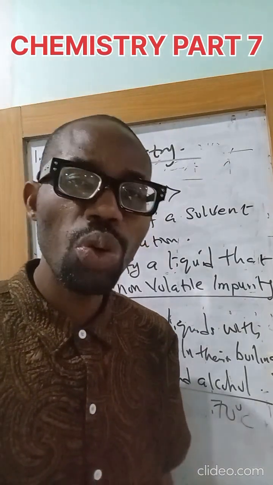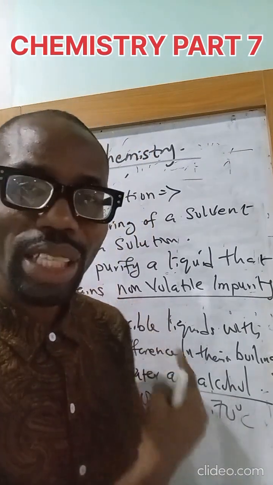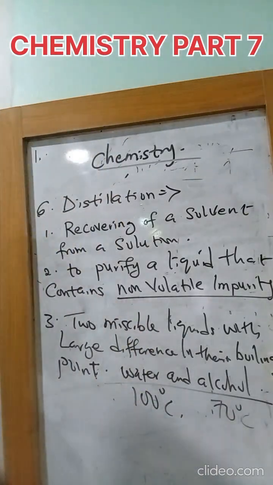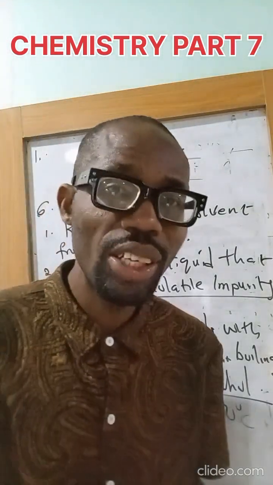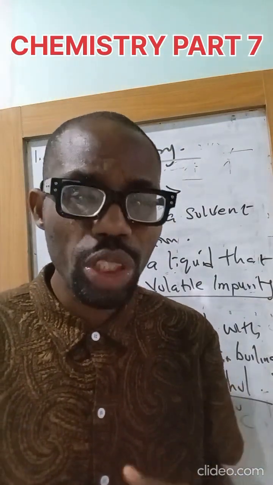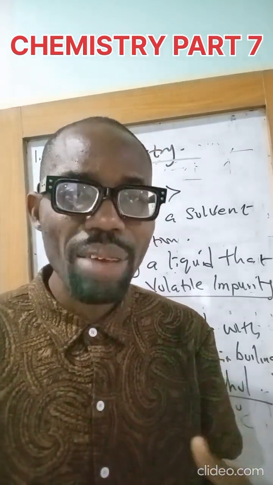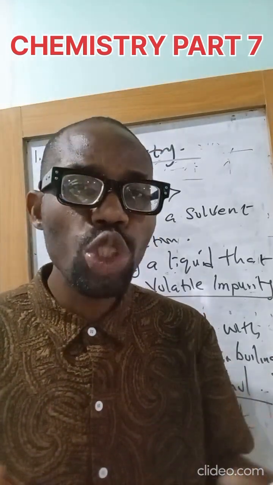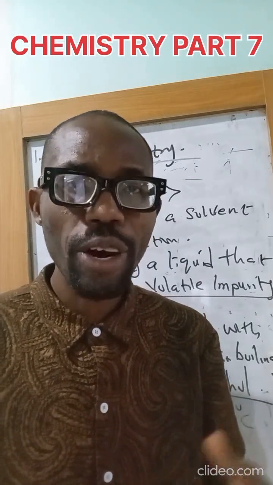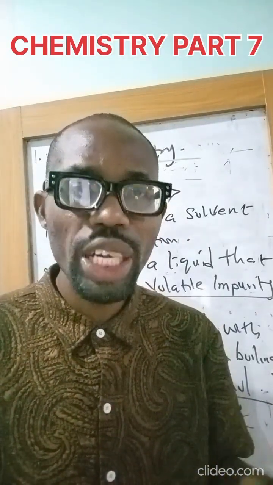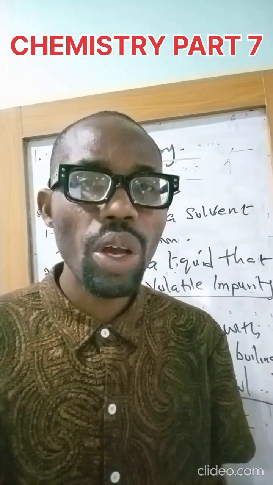In our next video, we're going to be looking at another separation technique, and that should be fractional distillation. Fractional distillation is also used to separate miscible liquids, but this time, liquids that have close boiling points.